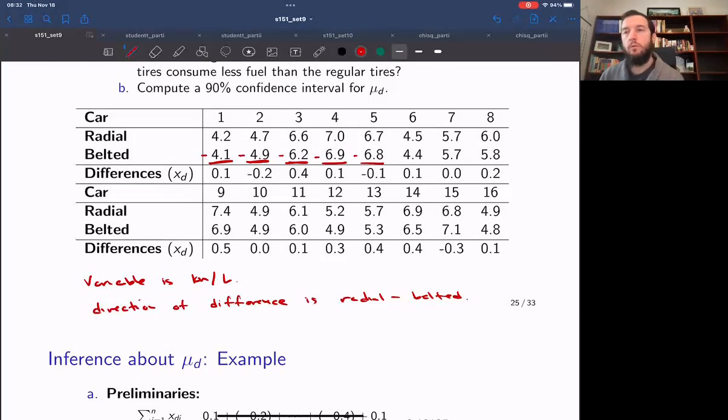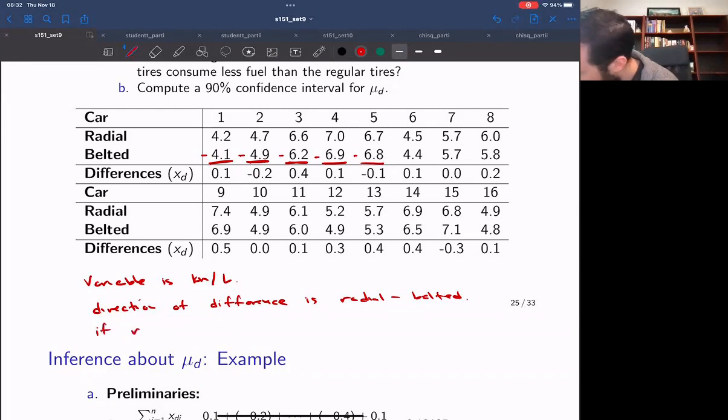Now, when we're working with paired data, you can construct the differences in either direction. So here I'm going radial minus belted, but we could also go belted minus radial. That's not incorrect. The only difference is how you would set up the hypotheses depending on which direction you work in. So we are taking radial minus belted.